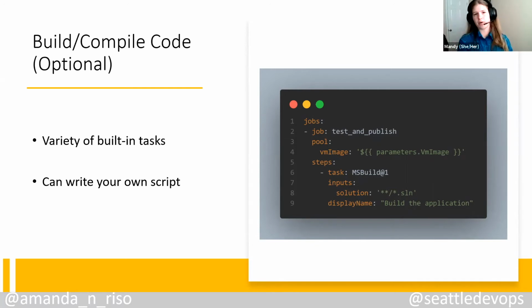I'll show you a little bit more of those steps in a little bit. But the built-in task to build a .NET application from lines 6 through 9, that's literally all you need. That's a built-in task. The solutions call is literally just like that. It builds all the solutions in your file and boom, you're built.